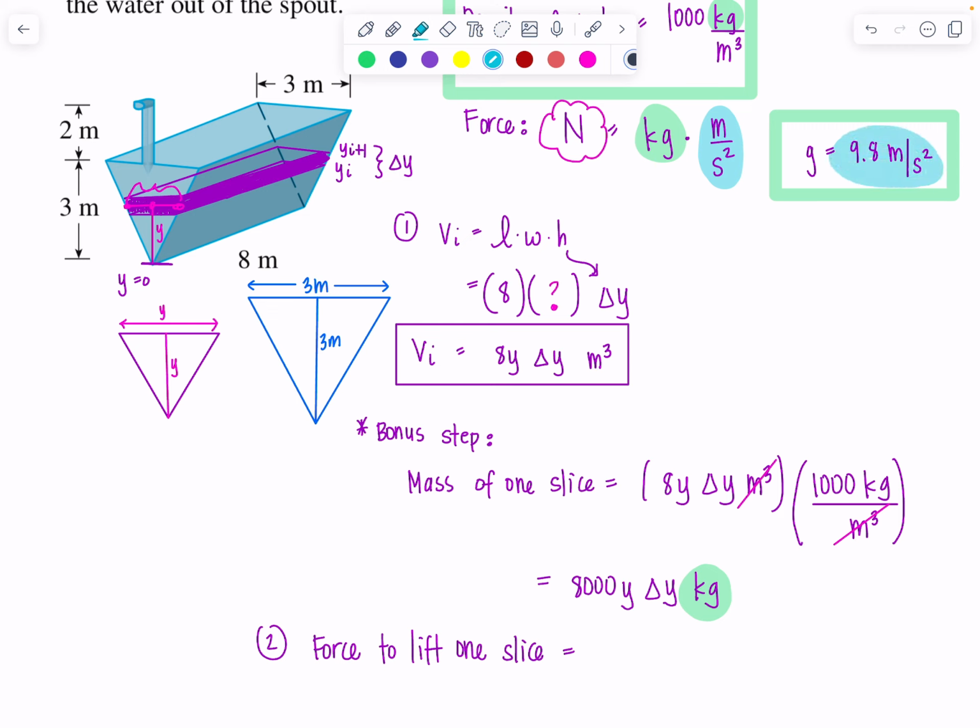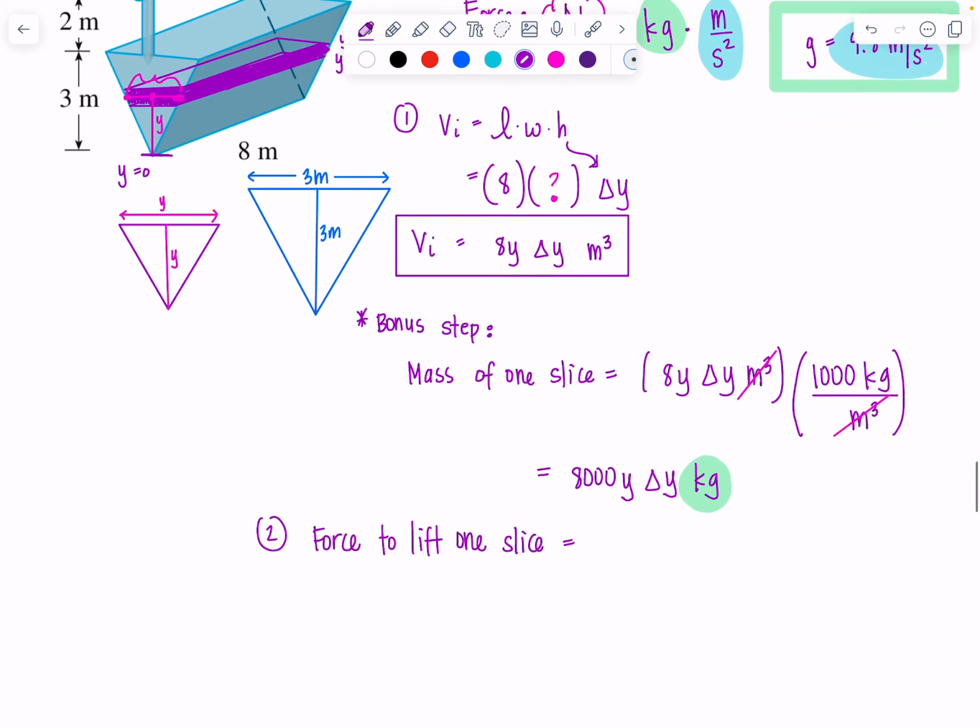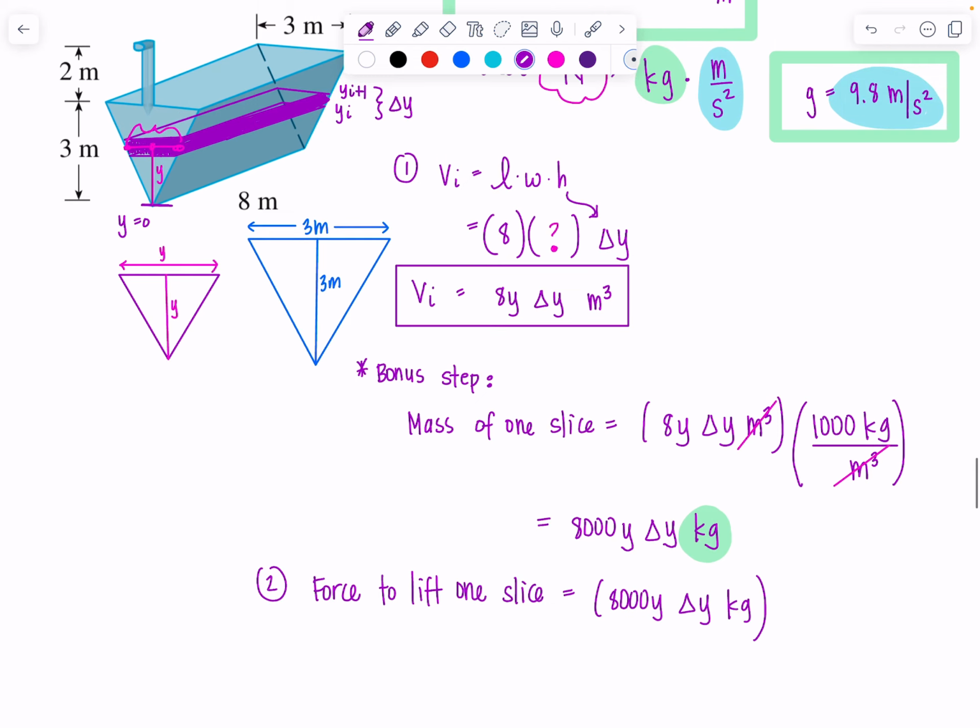And that's what we need to overcome, acceleration due to gravity, to lift the water. Perfect. So you're going to take that bonus step answer, 8,000 y delta y, I would put the units on kilograms, multiplied by acceleration due to gravity, 9.8 meters per second squared.